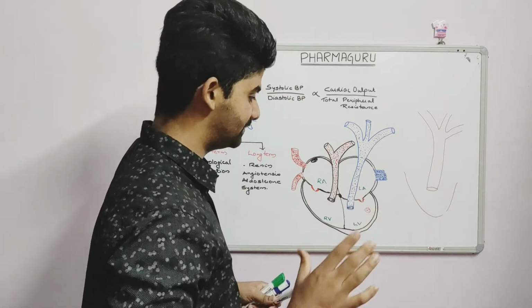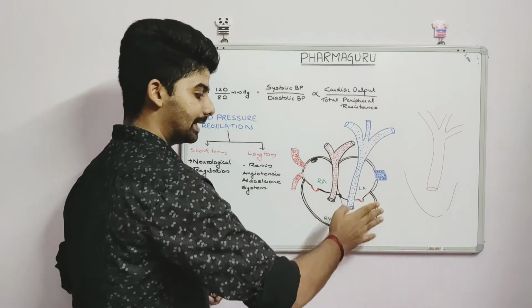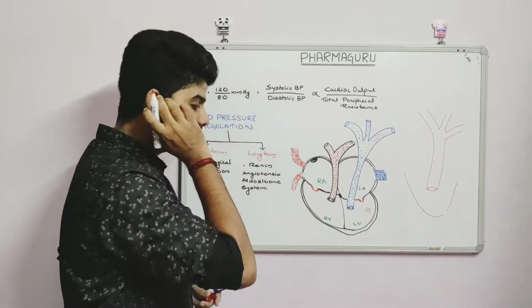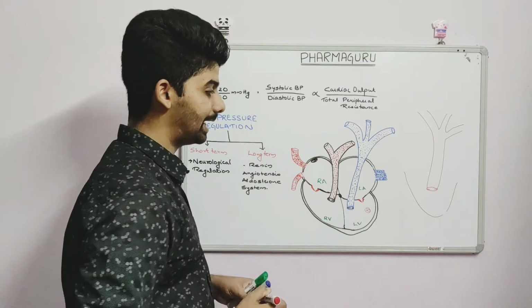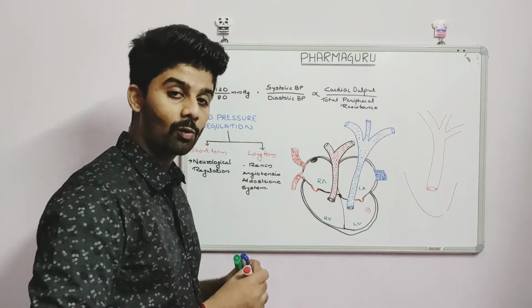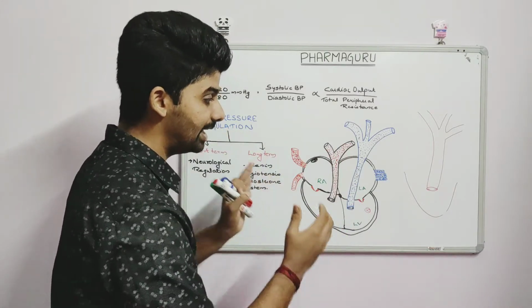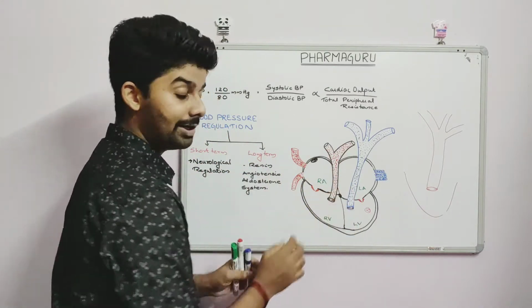Now take for instance that the oxygenated blood has been filled into the left ventricle, and the heart undergoes systole. What is systole? Systole is the contraction of the heart, or specifically the contraction of the ventricle.